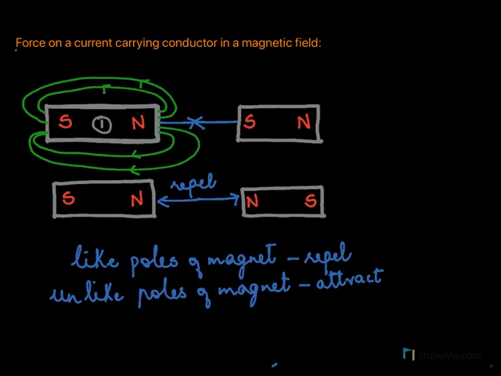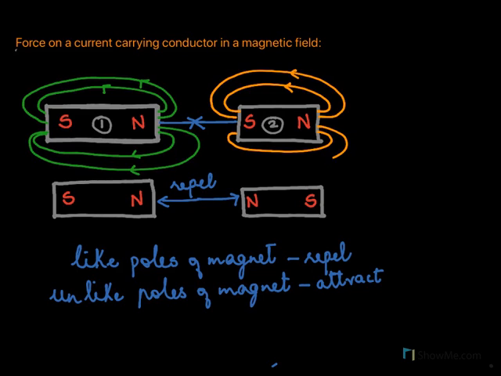This magnet 2 will have its own field, which will also go from north to south. These two fields interact with each other, and hence a force is produced. However, in this case, the force is a force of attraction.